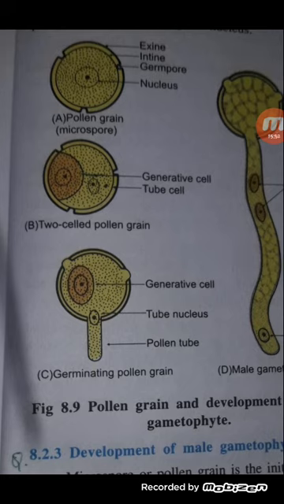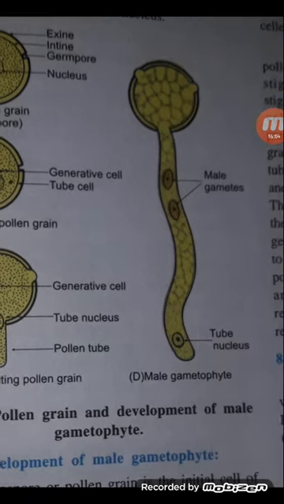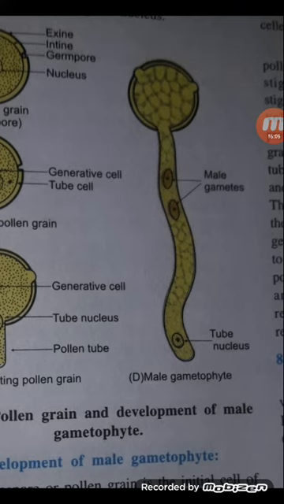ठीक है, उसके बाद ये 2-celled pollen grain दिखाओगे. You'll show the generative cell and the tube nucleus. Generative cell, tube nucleus and pollen grain. उसके बाद ये वाला diagram, male gametes.